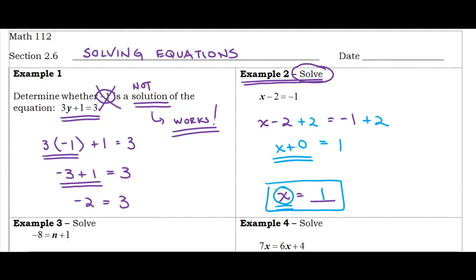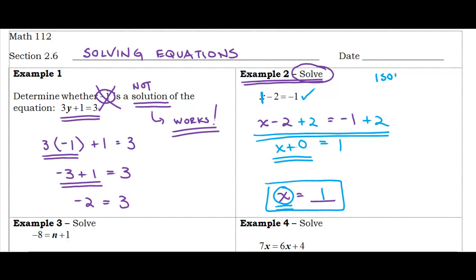1 works. Let's try it. Put 1 here. What's 1 minus 2? Negative 1, it works. Solving is looking for the number that works. But we are not going to use trial and error. We're going to learn to isolate the variable.